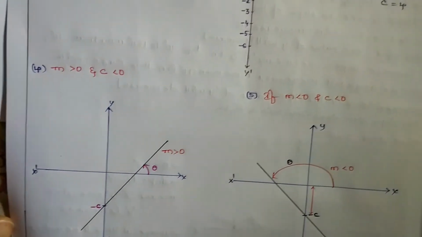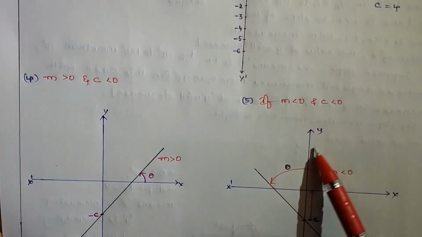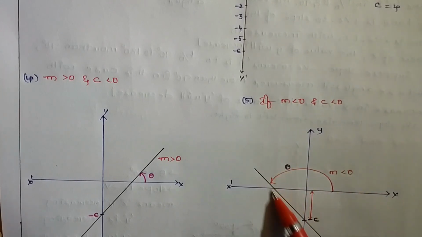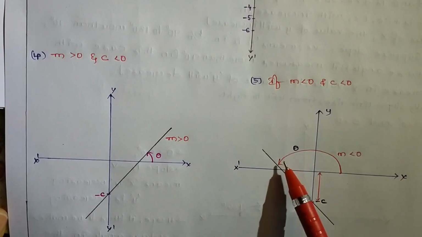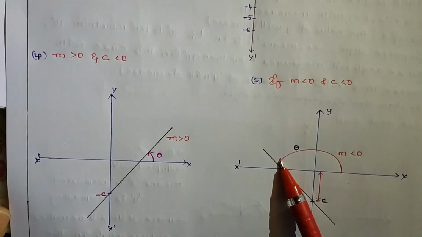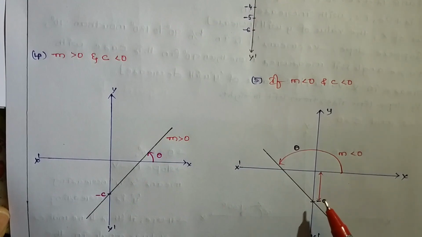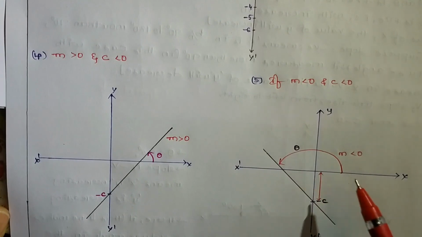And in this case, if slope is less than 0 and intercept is also less than 0, the graph will be like this. Then the graph will look like this.